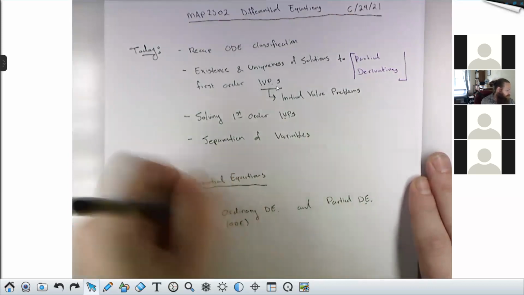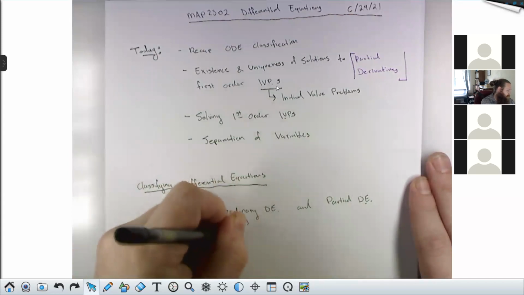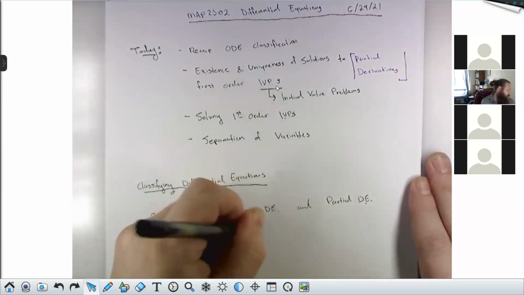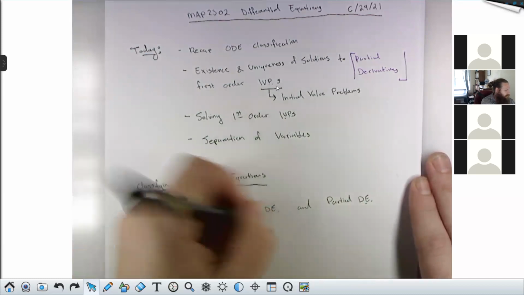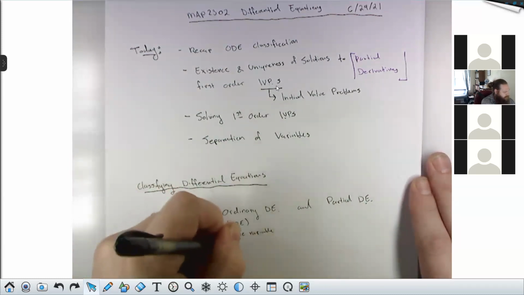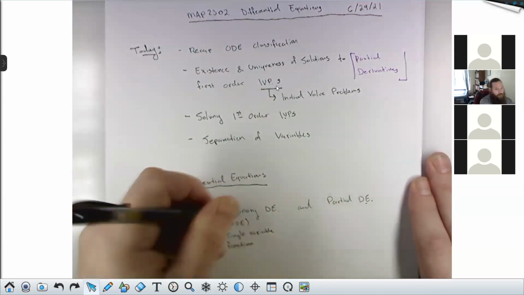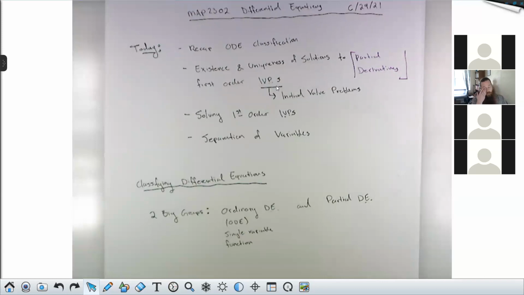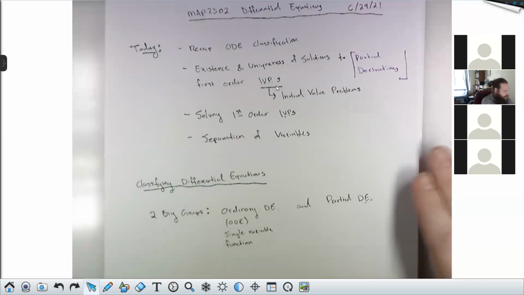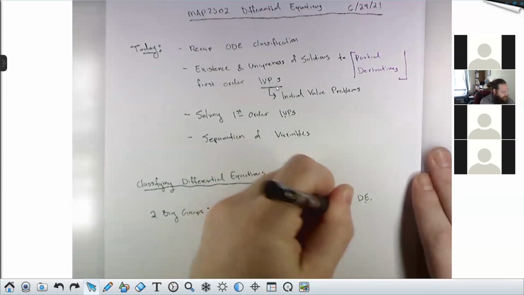And they're single variable functions. The solution to an ODE is a function of a single variable. And then partial differential equations, we call these PDEs.